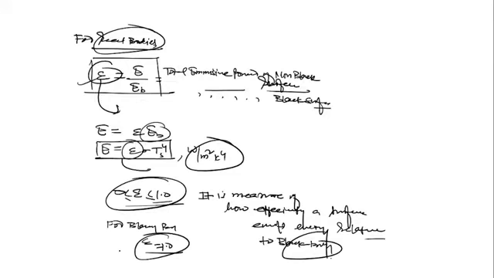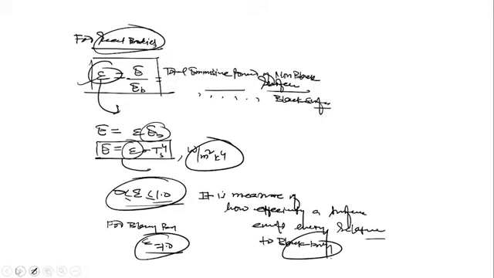What is a black body? A black body is an idealized body which acts as a perfect emitter as well as a perfect absorber.